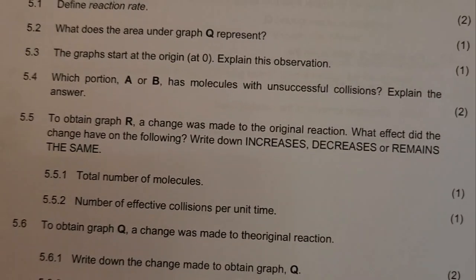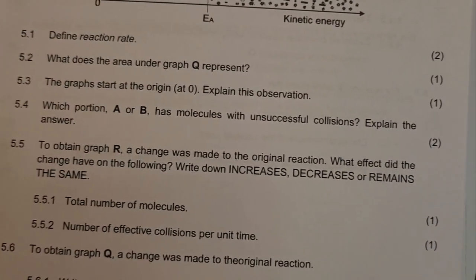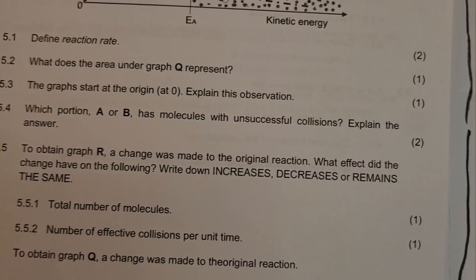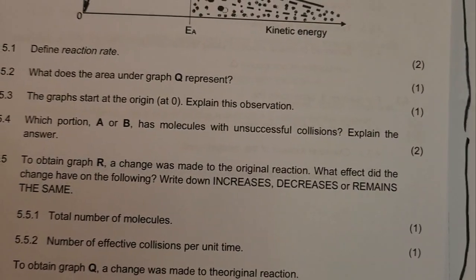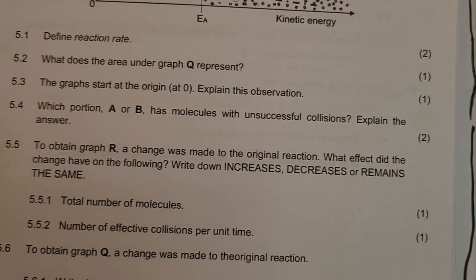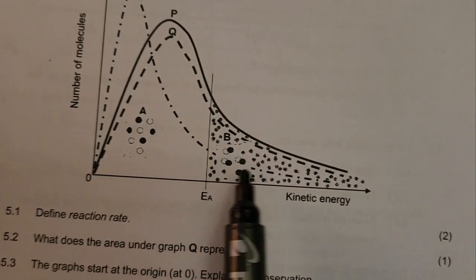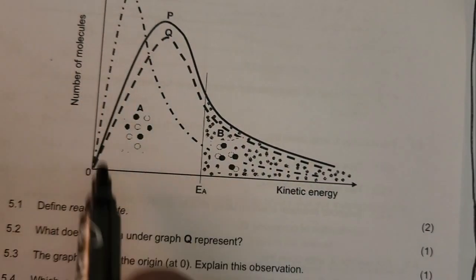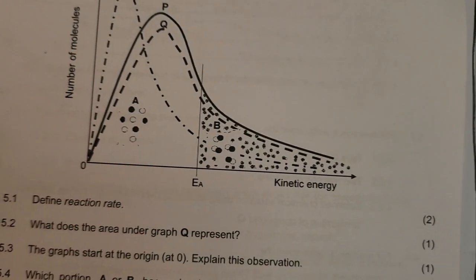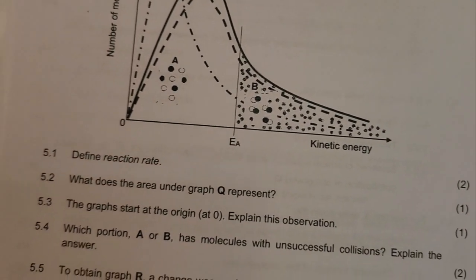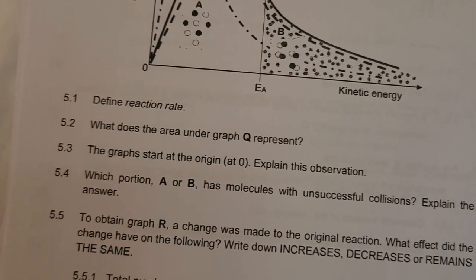Fine. 5.5. To obtain graph R, a change was made to the original reaction. What effect did the change have on the following: increase, decrease, or remain the same? To obtain R, obviously R leaning backward means that the temperature was decreased for R. Therefore, if we decrease temperature, what will happen?